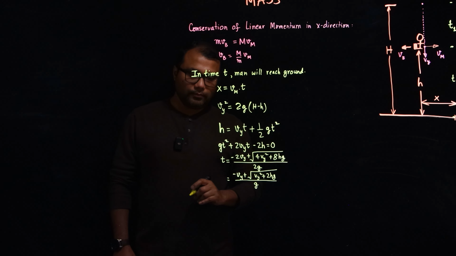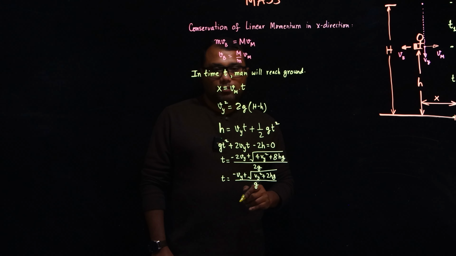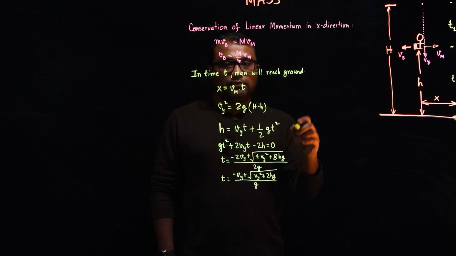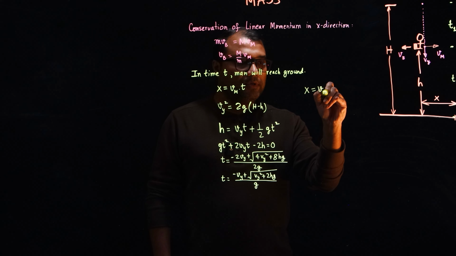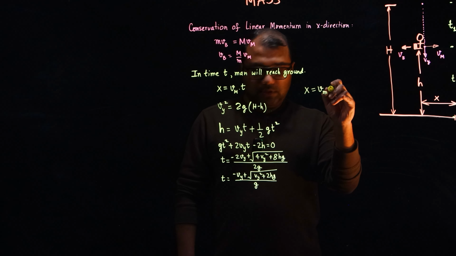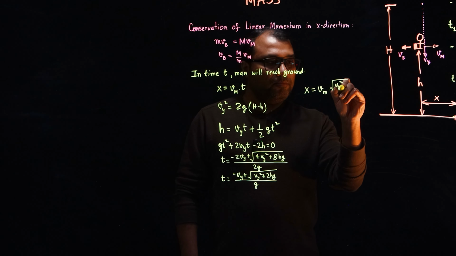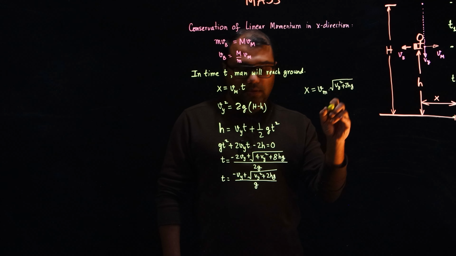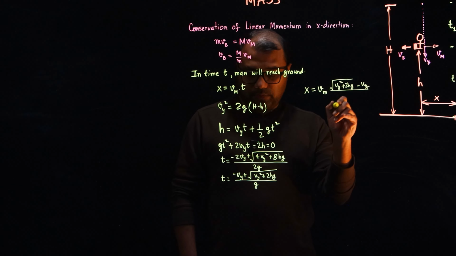So we got the value of t. Now if we substitute t back here, we get x equals Vm times t, where t is root of Vy square plus 2hg, minus Vy, divided by g.